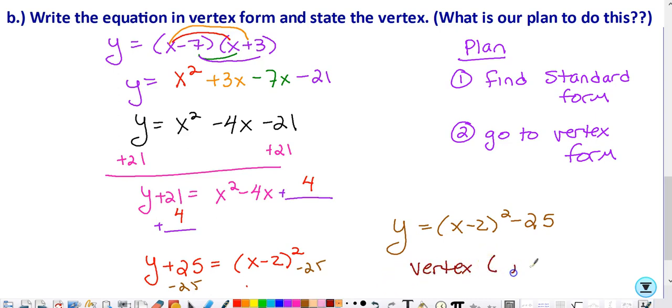So the vertex is at the point right 2, down 25.